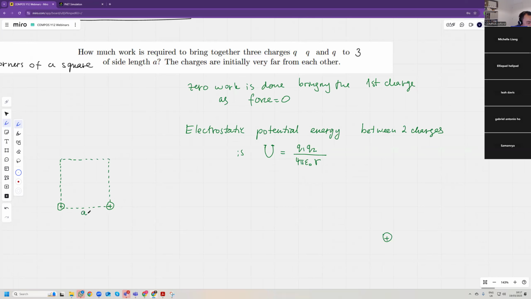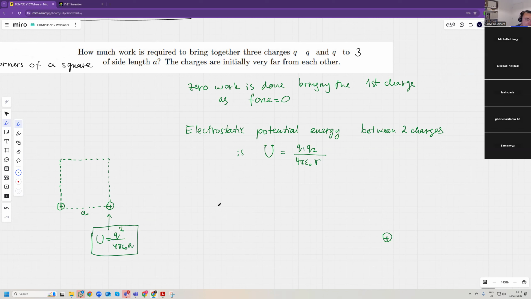So if this side of the square is A, then the potential energy of this charge is equal to Q squared divided by 4 pi epsilon naught A. That's the potential energy of this charge.